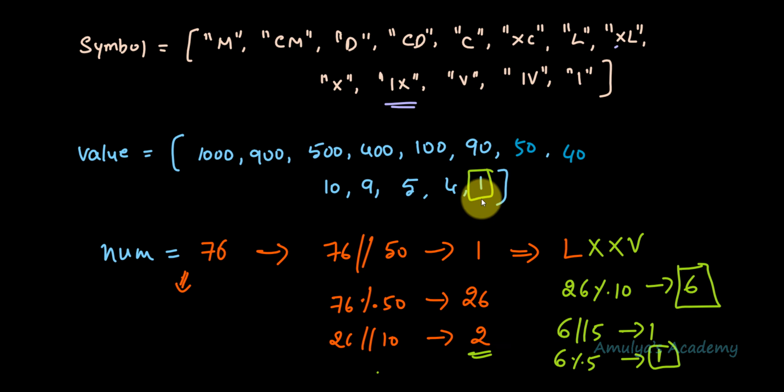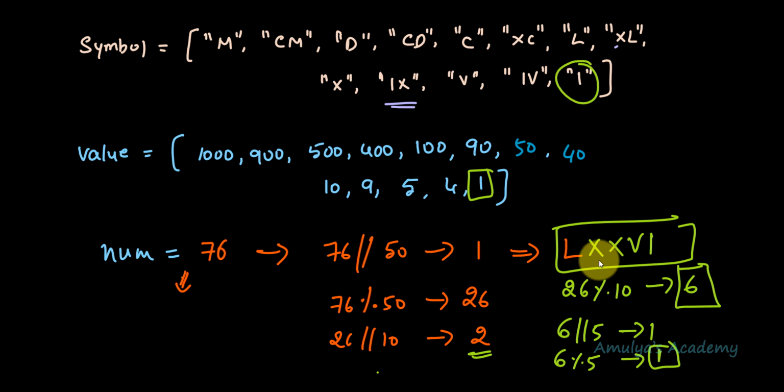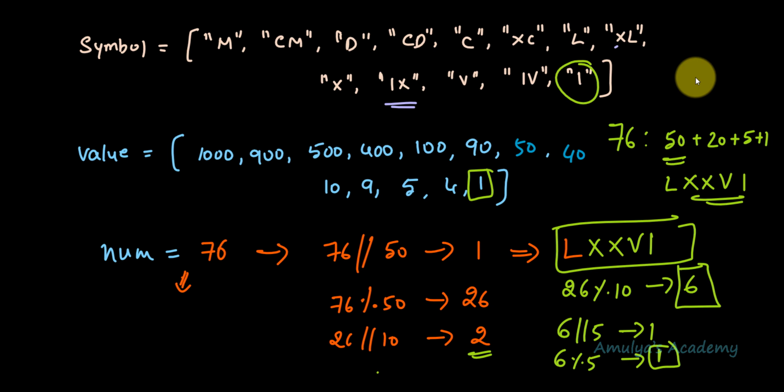Here 1 is present, and then I'll represent that using Roman numeral. So this is the representation of 76 in Roman numerals. Here what we are doing is, we are taking 76, we are dividing that into 50 plus 20 plus 5 plus 1. 50 is represented as L, 20 is XX, 5 is V, 1 is I. This is the Roman representation of 76.